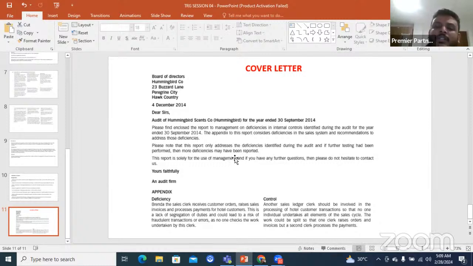Then all 3 questions should be included within the introduction paragraph. If they ask only for the first part, deficiency only, then you should speak about deficiency. Then as an attachment, you can write the deficiencies and recommendation. See the word that they use here: instead of recommendation, they use the word control. So try to understand, recommendation means we are suggesting a control. This is how we should write a cover letter.